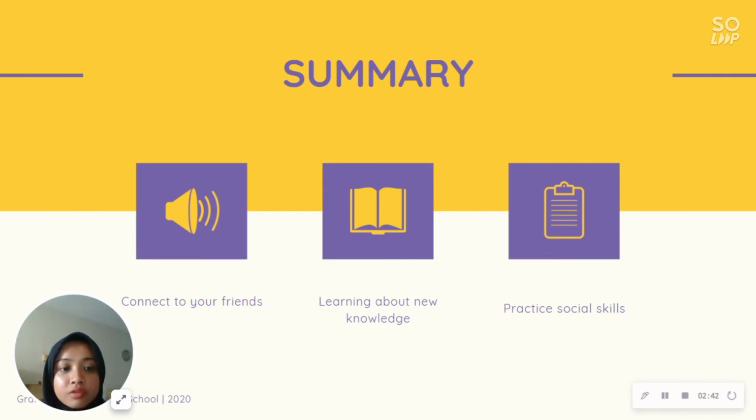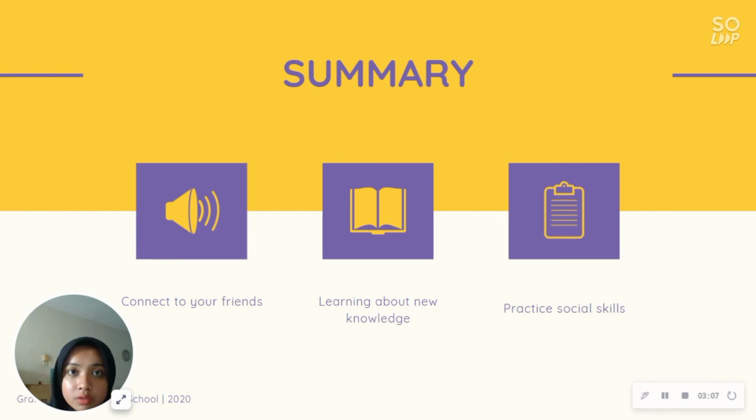So you can find them on social networking sites and still keep in touch with them. If you send a letter, it may take a little bit of time, but if you use social networking sites, it's much easier to connect with your friends.